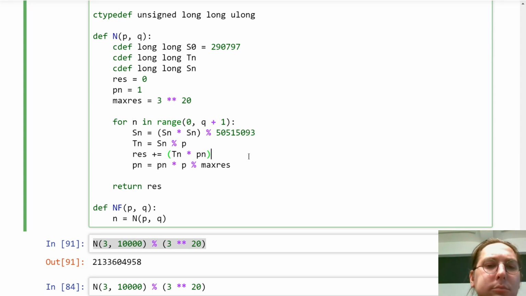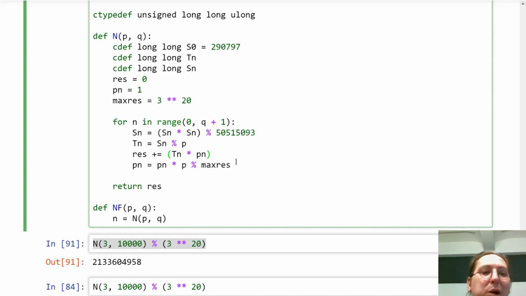Doing mod for a sum is not correct, but doing a mod for products would be correct. But I'm only doing the mod of this. I'm not doing the mod of the sum. I'm doing the mod of this tn times pn. For the product, it can also not be right.